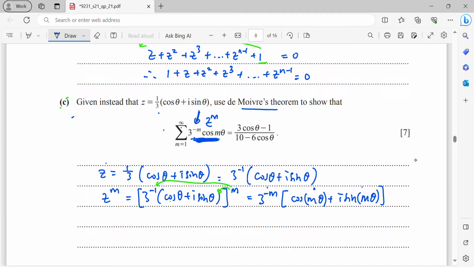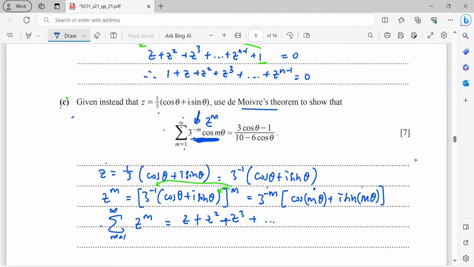Okay, so now the summation, m from 1 to infinity, of z to the power m. When you replace m by 1, z to the power m means z to the power 1. Then because of the sum, it is plus, then when m is the next value, z squared, plus z cubed until infinity.